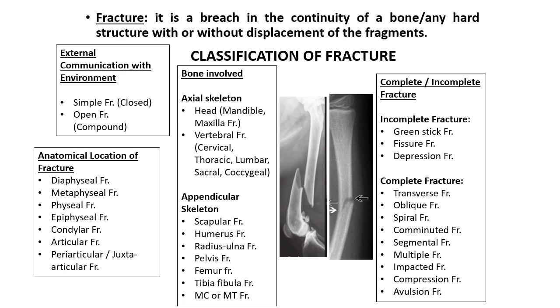Bone involved: axial skeleton as well as appendicular skeleton. Complete and incomplete fracture. Incomplete fracture includes greenstick, fissure, depression. Complete fracture includes transverse, oblique, spiral, comminuted, segmental, multiple, impacted, compression, avulsion.